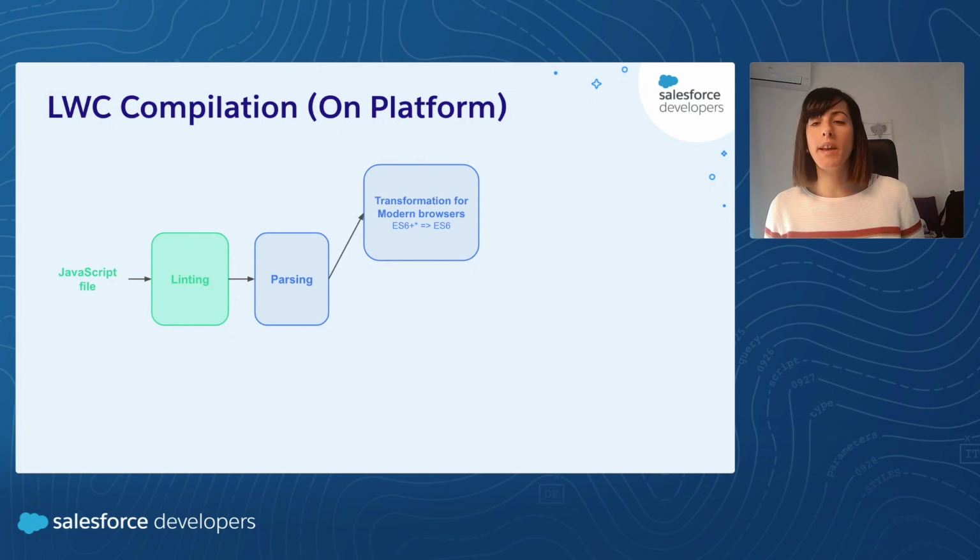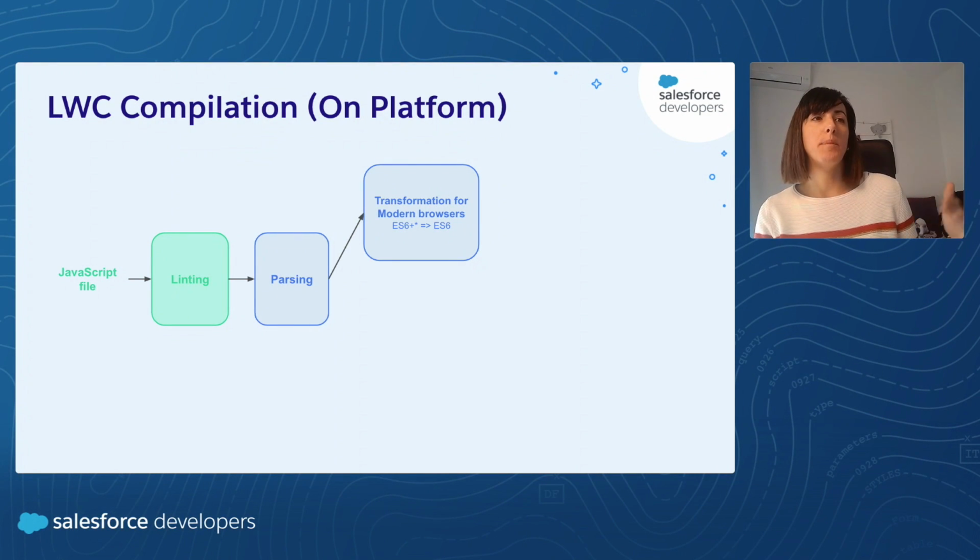Then here the diagram is divided in two branches because we are going to generate two outputs. Why do we generate two different outputs? Because we wanted your Lightning Web Components code to work not only in modern browsers but also in some older browsers that don't support ECMAScript 6 features.